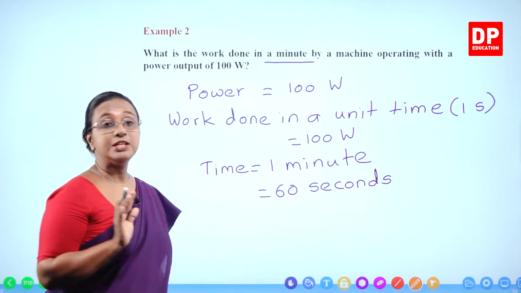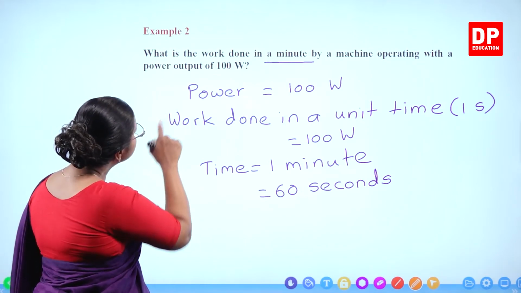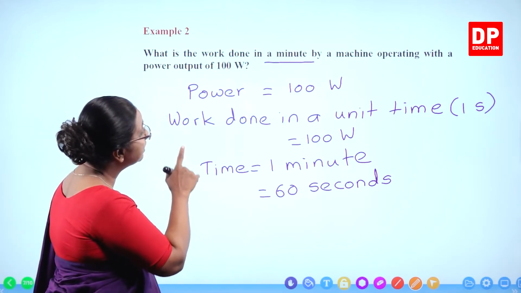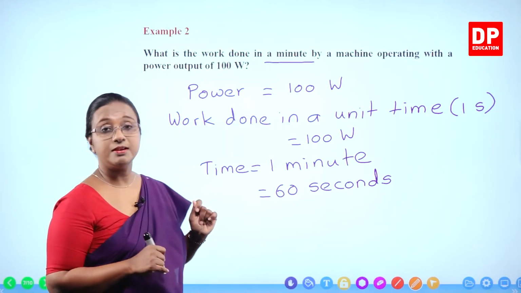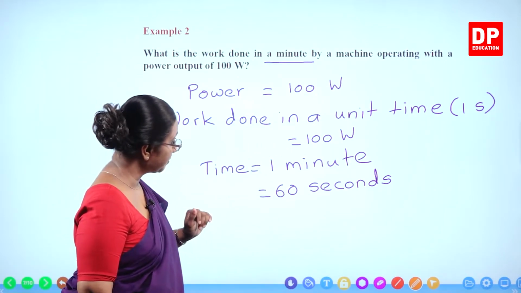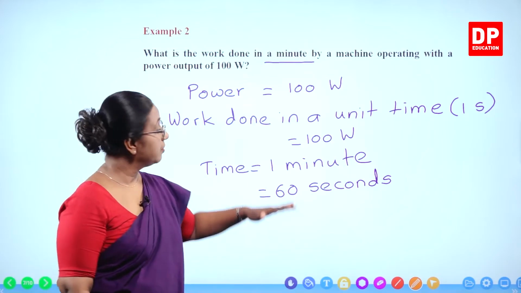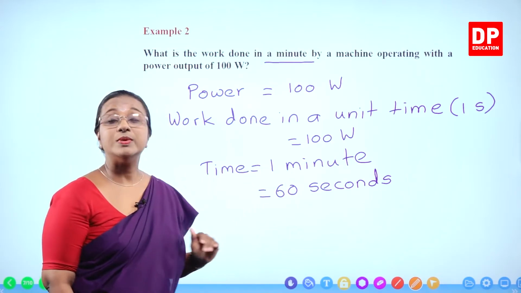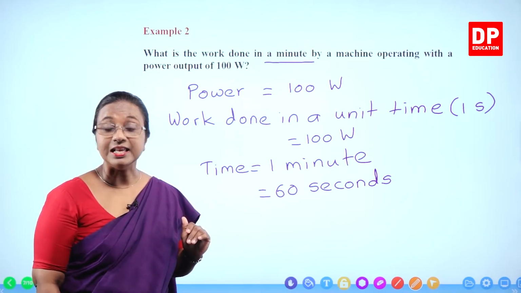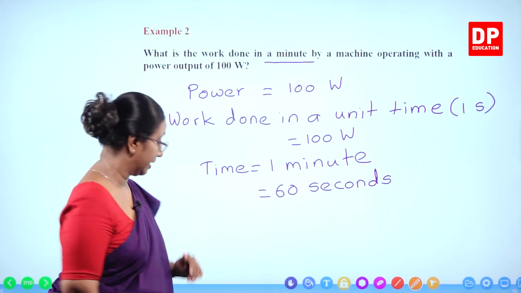So what do we need to calculate? What is the work done in a minute by a machine operating with a power output of 100 watts? The machine has a power output of 100 watts. We need to calculate the work done in a minute. That means we need to calculate the work done in 60 seconds.